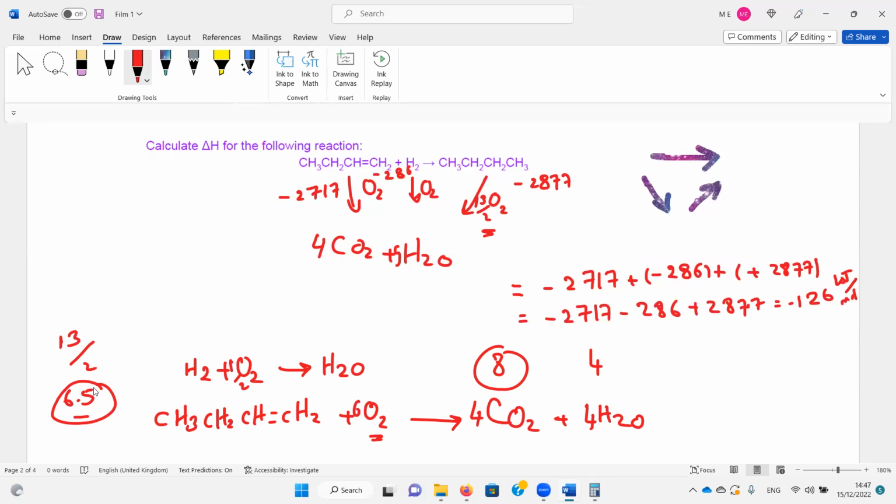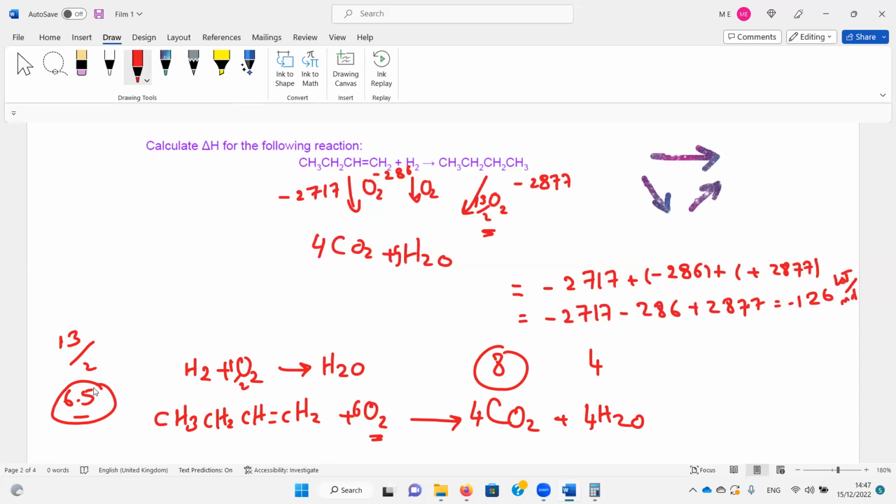In this case, you need to pay attention to the arrow, where the arrow will be pointing in the Hess cycle. In case of formation, it will be pointing upward because you are forming the reactant and product from their elements. In case of combustion, the arrow will be pointing downward because you are reacting the products and the reactants with oxygen to form the combustion products.